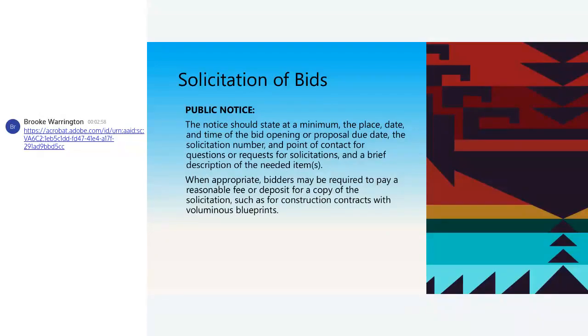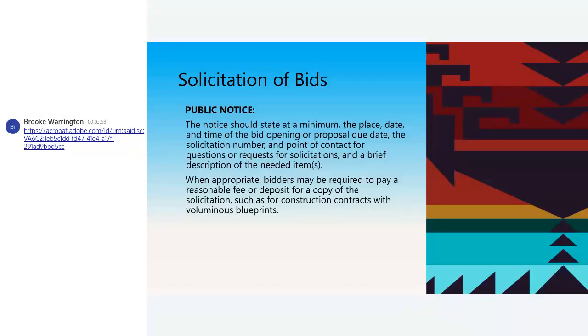Okay, so they know, I'm right in the middle of doing something, I don't know if I can get this done in 14 days and get that many prices together. Your solicitation number, your point of contact for questions or requests for solicitations, and a brief description of the needed items.